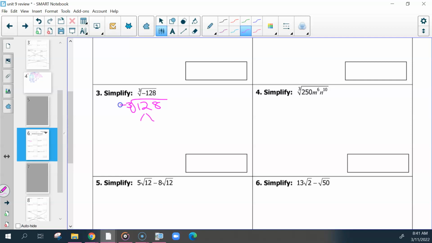So the highest perfect cube would be 64 and 2. Cube root of 64 is 4. We're going to bring down this negative. So our final answer would be negative 4 times the cube root of 2. Did that answer your question?